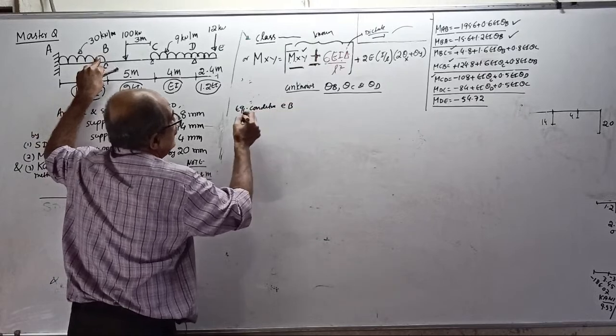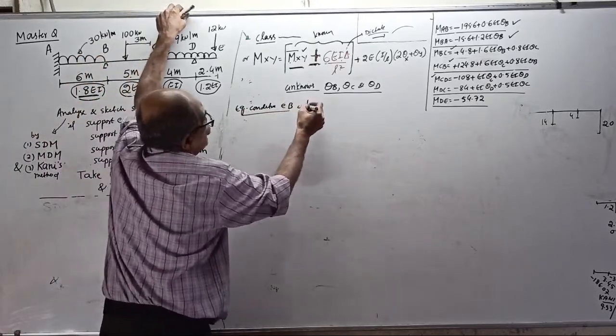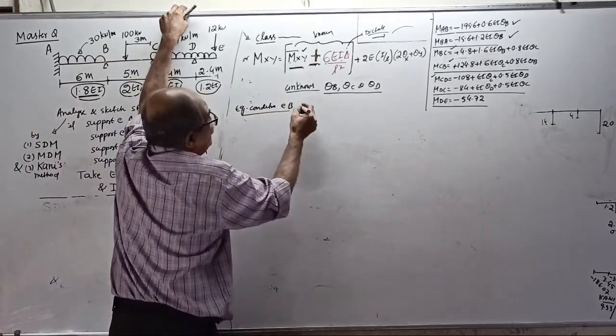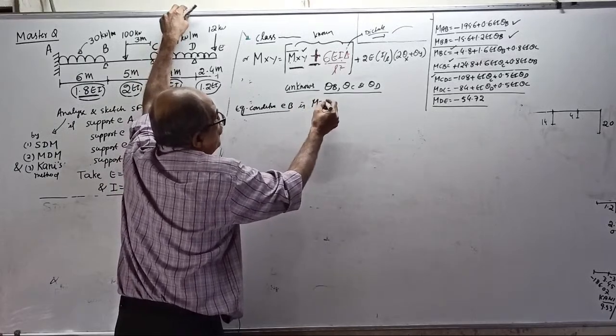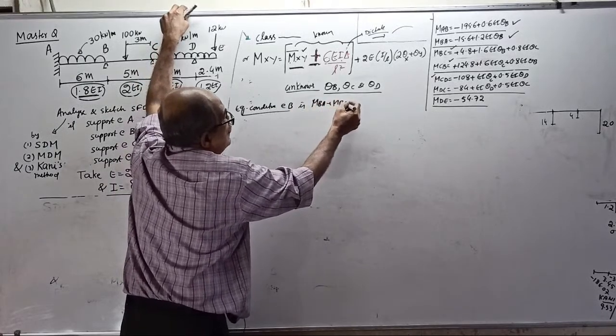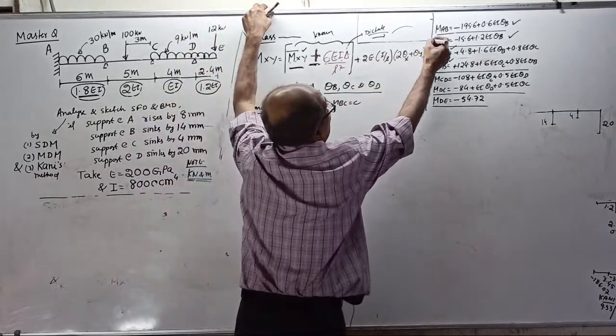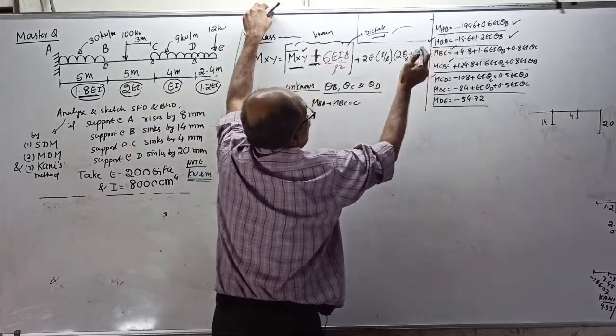Therefore, unknown at B, equilibrium condition at B is MBA plus MBC equal to 0. See, MBA is here, MBC is here.